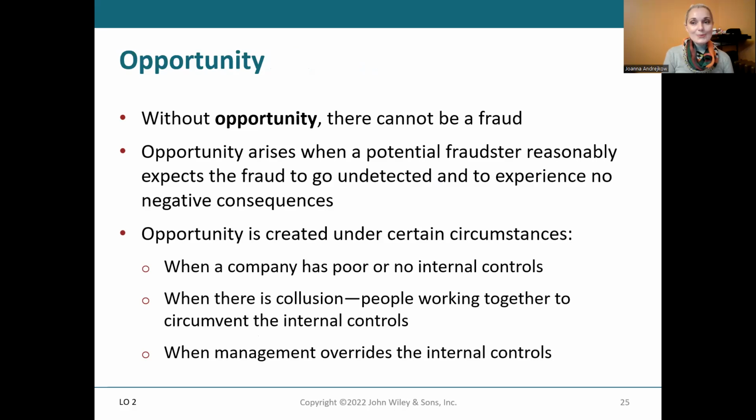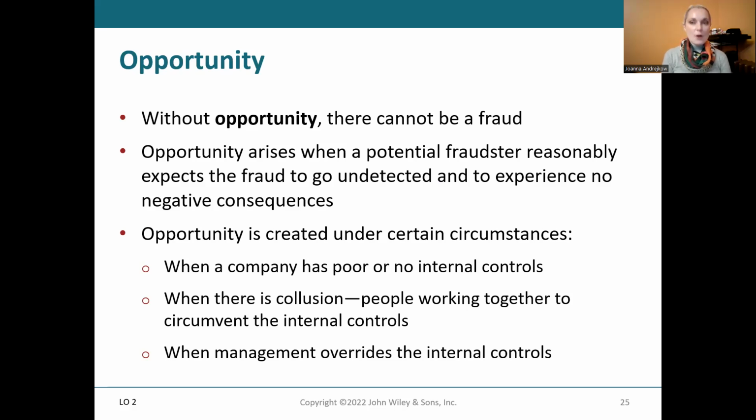Then the most critical thing is opportunity. Without opportunity, there can't be a fraud. Opportunity arises when a potential fraudster reasonably expects that the fraud will go undetected and to experience no negative consequences. Nobody wants to get caught. Nobody wants to go to jail.